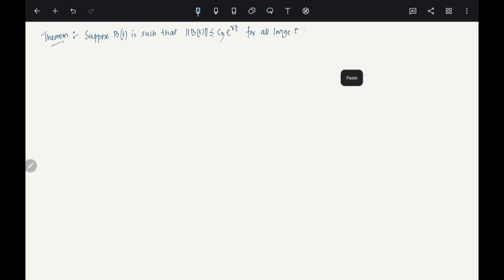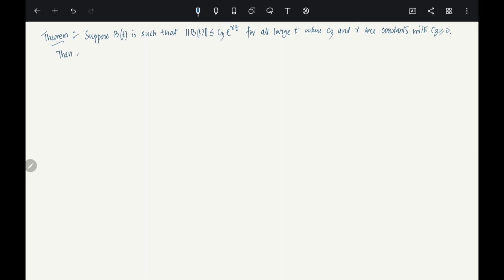Where c3 and gamma are constants with c3 greater than or equal to 0. When is c3 0? If it is 0, then the norm of b of t is dominated by 0, which again dominates 0, so the norm of b of t has to be 0, so all entries have to be 0. So we are in the case of a homogeneous equation then. So c3 is greater than or equal to 0, this we will assume.